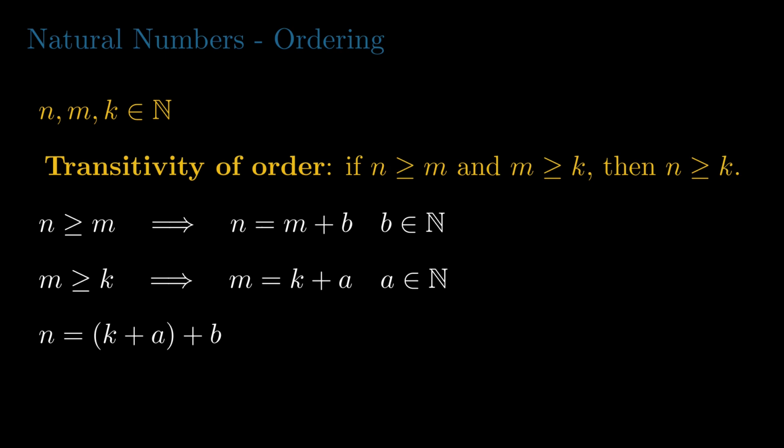By the associative property of addition, we can write n is equal to k plus (a plus b). We can simply call the sum of a and b as c, obtaining n is equal to k plus c. This expression is the exact definition of n greater or equal to k.